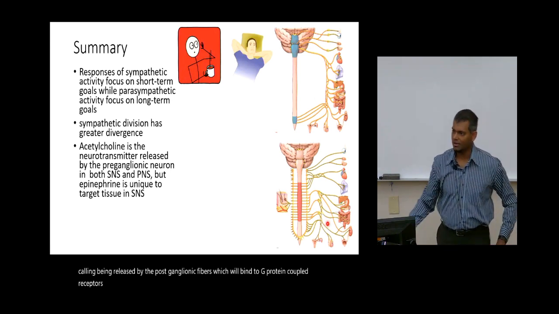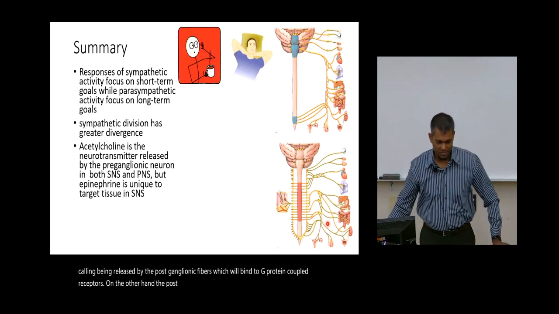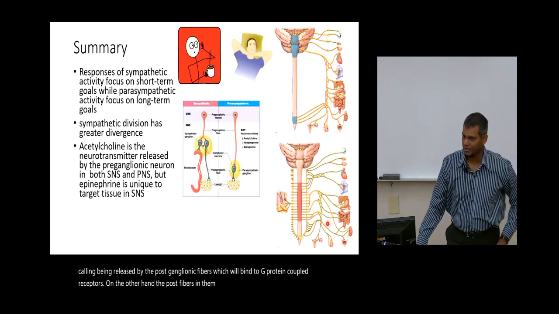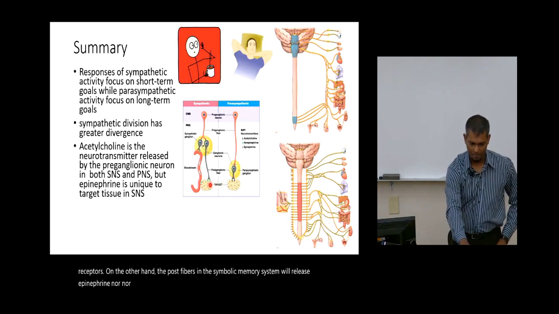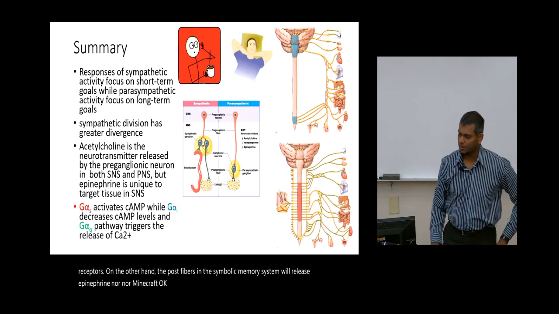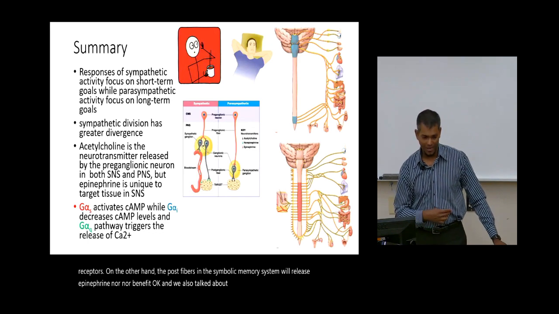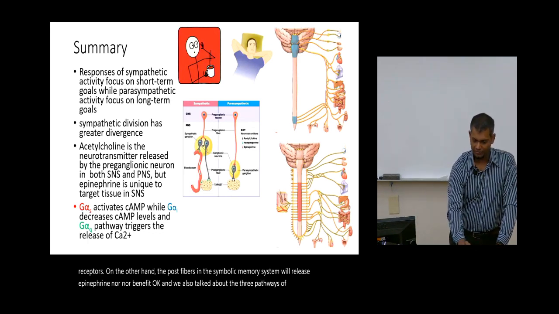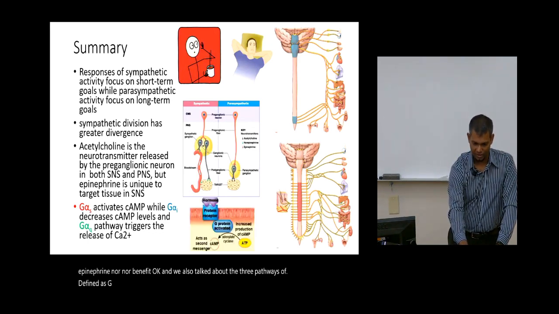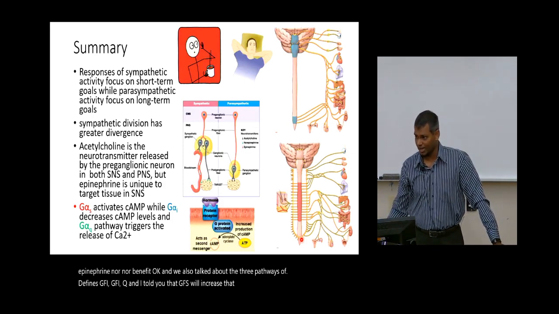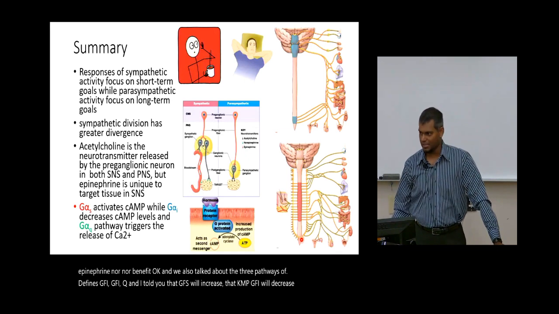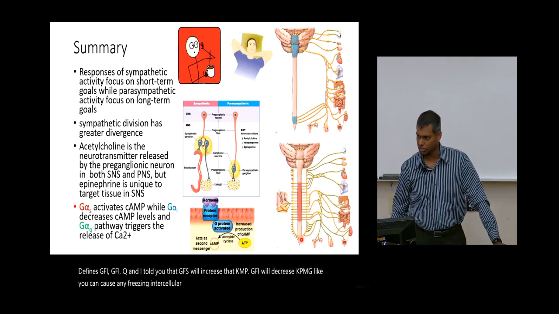On the other hand, the postganglionic fibers in the sympathetic nervous system will release epinephrine or norepinephrine. Okay? And we also talked about the 3 pathways of G-alpha S, G-alpha I, and G-alpha Q. And I told you that G-alpha S will increase cyclic AMP, G-alpha I will decrease cyclic AMP, and G-alpha Q can cause an increase in intracellular calcium concentrations.